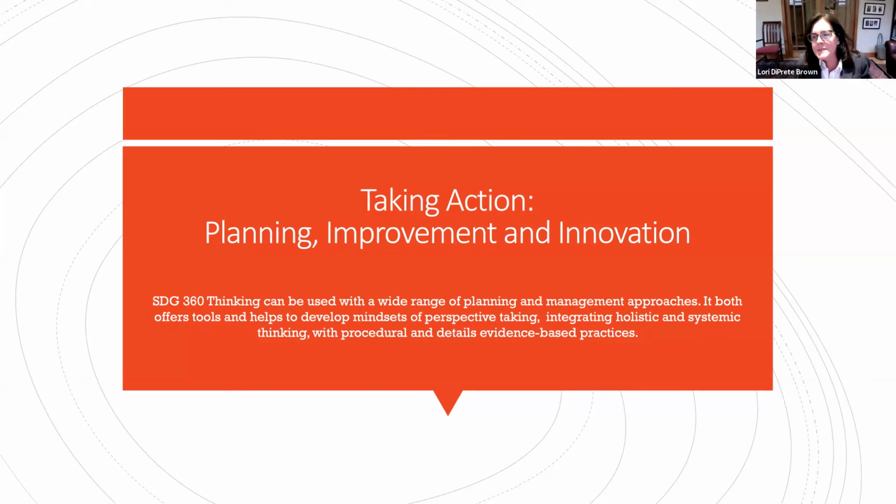So when we developed these SDG 360 thinking analysis tools, the idea was that the mindsets and the tools and visualizations could work in a lot of different kinds of planning and implementation approaches that might be dominant in different forms of governance. So it would be more resilient.